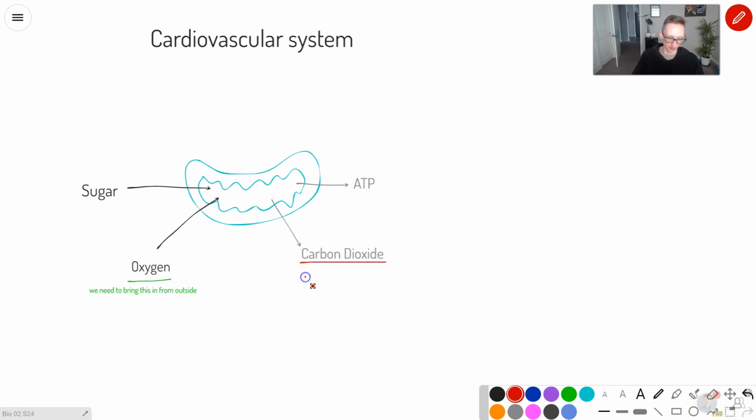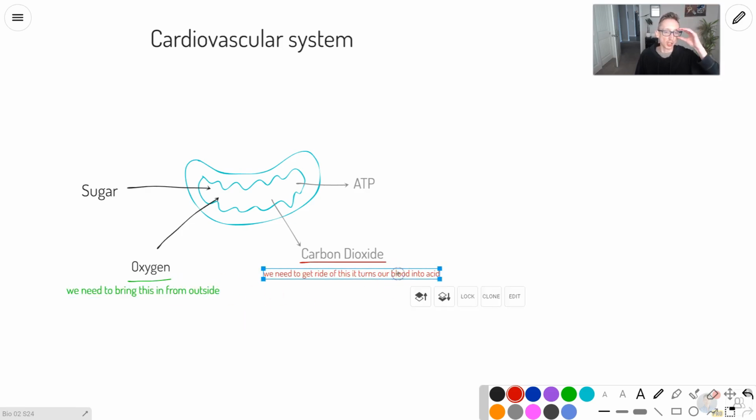We need to get rid of this. It turns our blood into acid. That's why carbonated water or soda or beer is so acidic, because it's got a gangsta load of carbon dioxide in it.